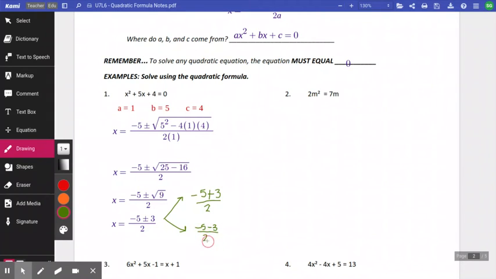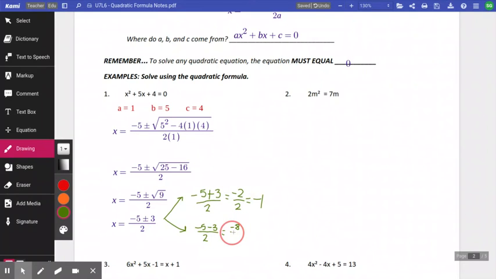The rest of this is just figuring out what these two fractions equal. So the first one says -5 plus 3. Well, -5 plus 3 is -2. And -2 divided by 2 equals -1. My other one here, -5 minus 3. Well, -5 minus 3 gives me -8.